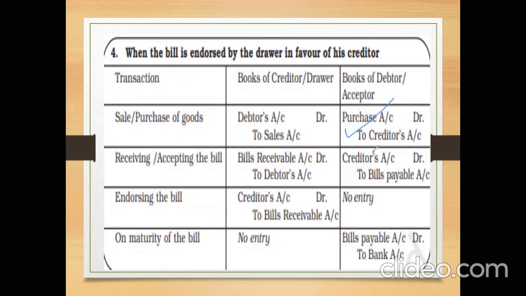On the acceptance of bill, it is creditor's account debited to bills payable. The bills payable account is open over here. On endorsement, he is not aware about any arrangement, so there won't be any journal entry. And then on the day of maturity, he will pay the bill to the bank. That means he will meet the bill.